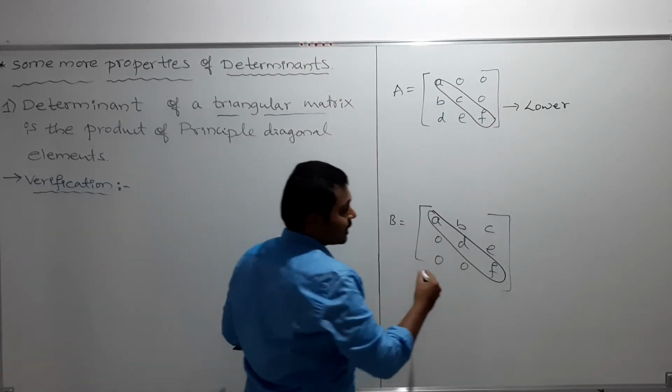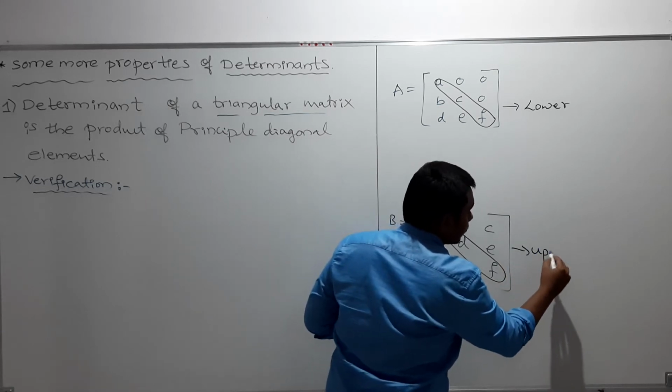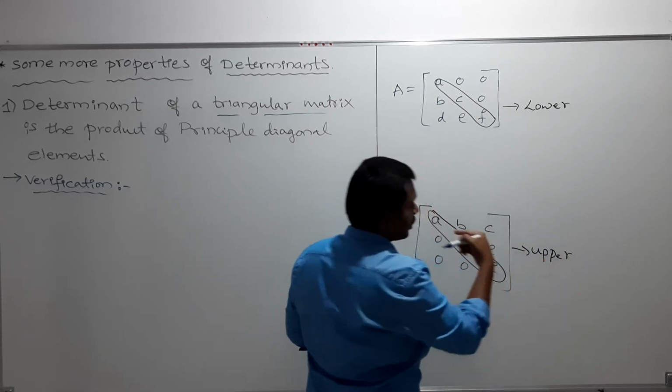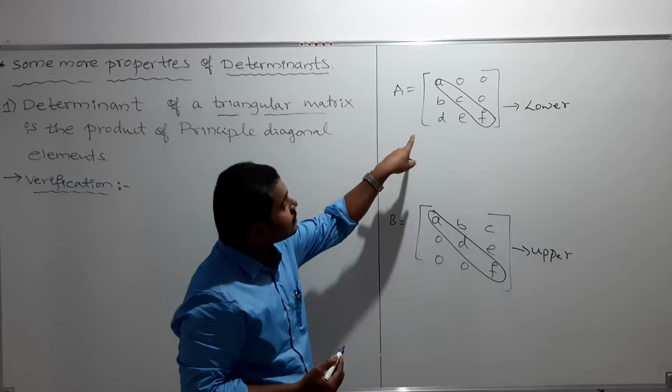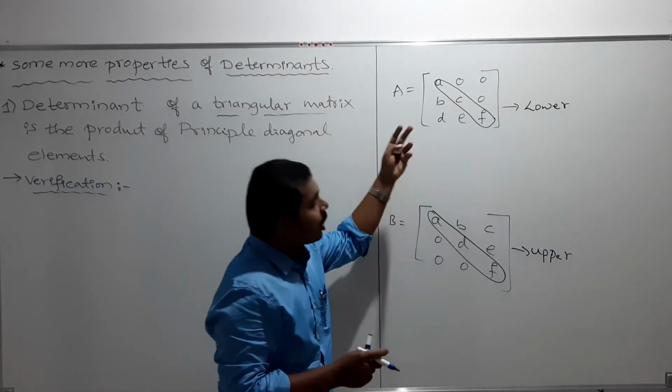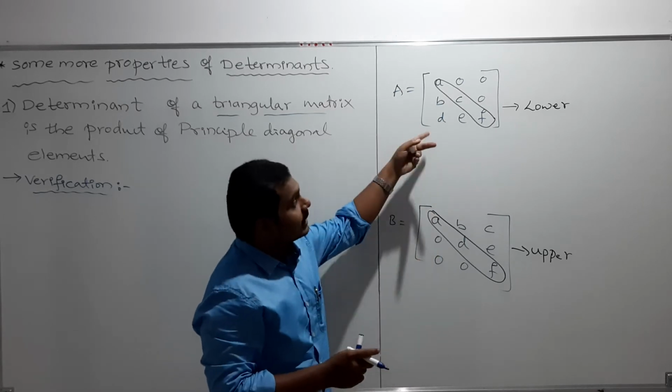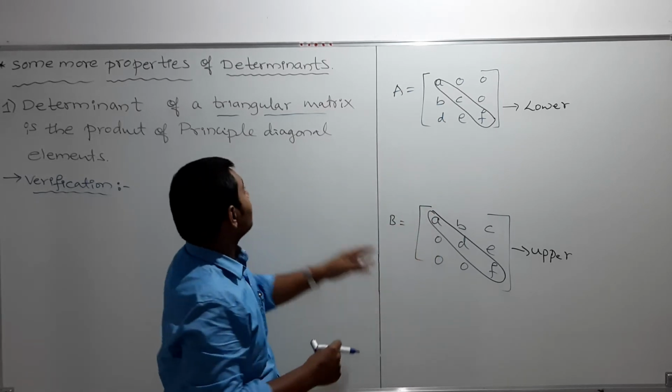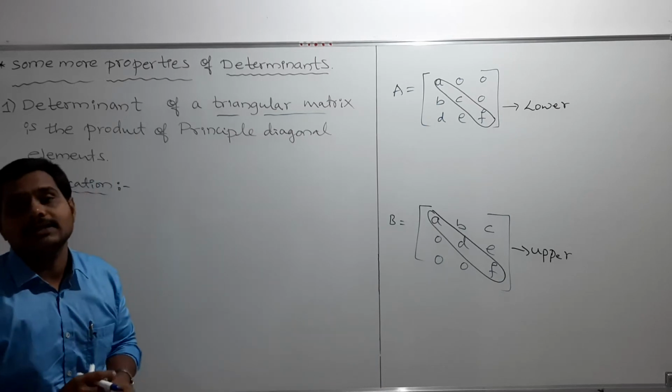Such a matrix we call an upper triangular matrix. The other one we call a lower triangular matrix. It may be either lower or upper; these two we call triangular matrices.